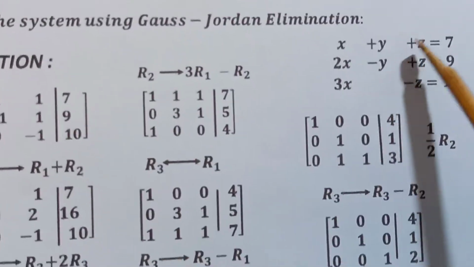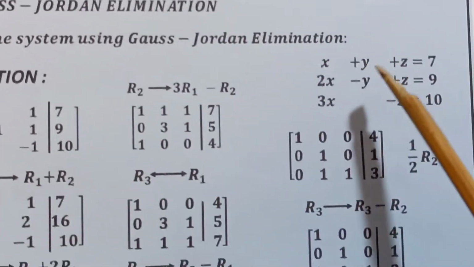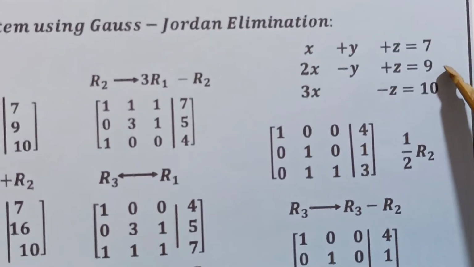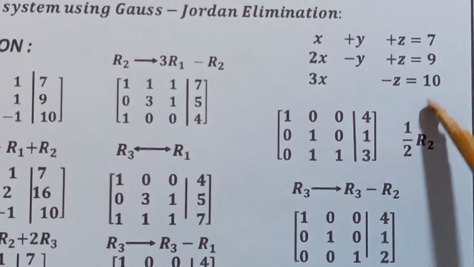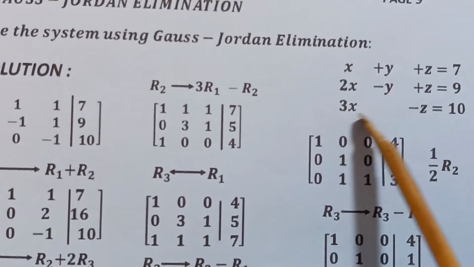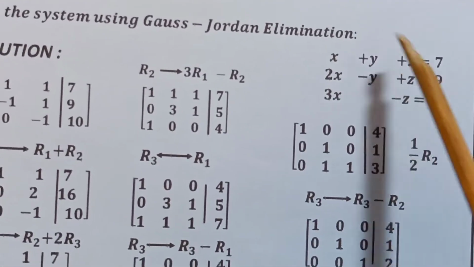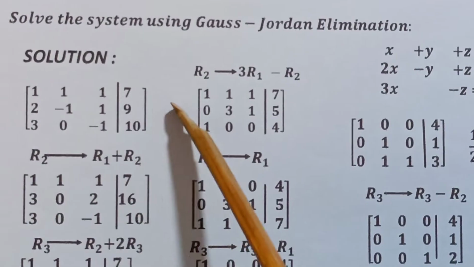So we have one sample problem here. The system of equations: x plus y plus z is equal to 7, 2x minus y plus z is equal to 9, 3x minus z is equal to 10. The first thing that we're going to do is copy this and rewrite it in the augmented matrix form.